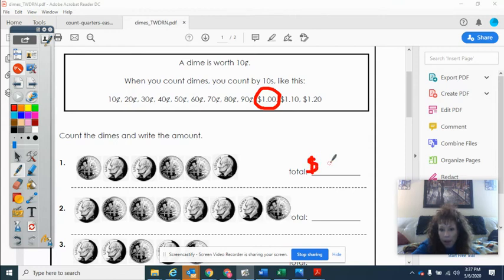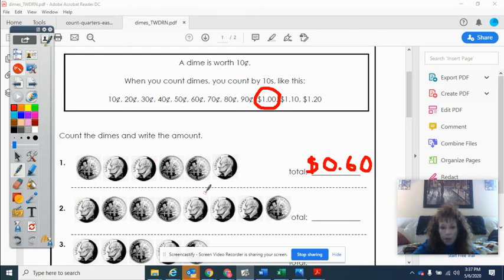I don't have any dollars, so that's $0, decimal, 60 cents is a 6 and a 0. Okay? So that's number one. 10, 20, 30, 40, 50, 60, 60 cents.